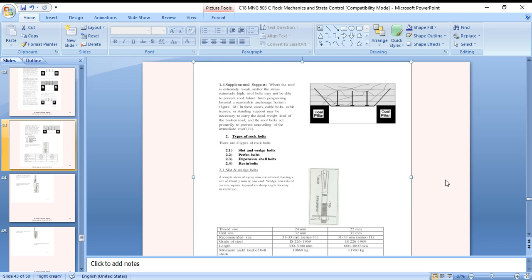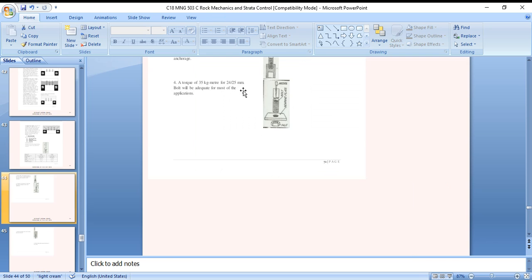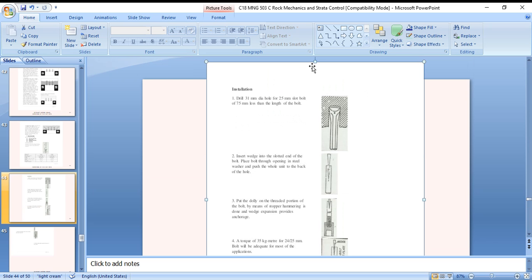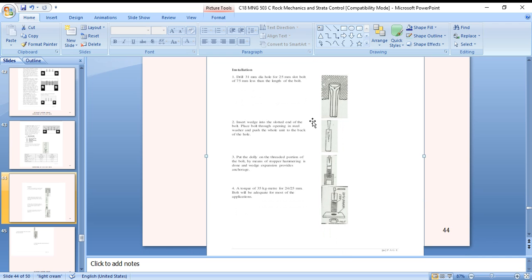Then this is an anchored bolt structure, complete. Various installation procedures from the top to the first stage and second stage and third, and fitting to the bolt.